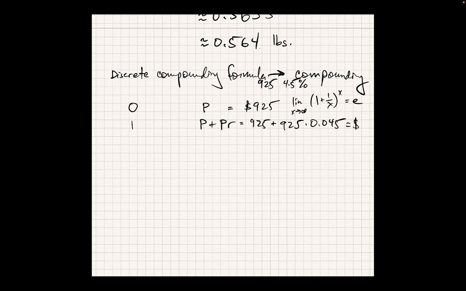What's the formula? I'll call this P1. This was just P. What's P2? P times (1 plus R) squared. Actually, it's my original balance, P. And what happened at year T?